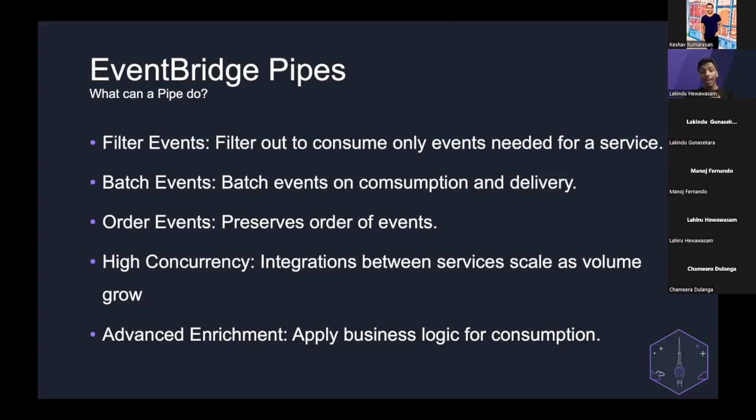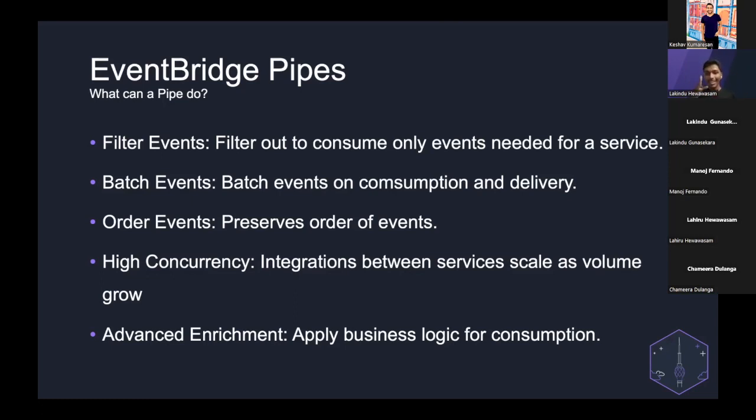And you can also perform enrichment. What do I mean by enrichment? For example, let's say you are getting data from a Kinesis stream, or from SQS, which has only an ID. When the consumer gets it, you want to ensure that it has a proper payload.